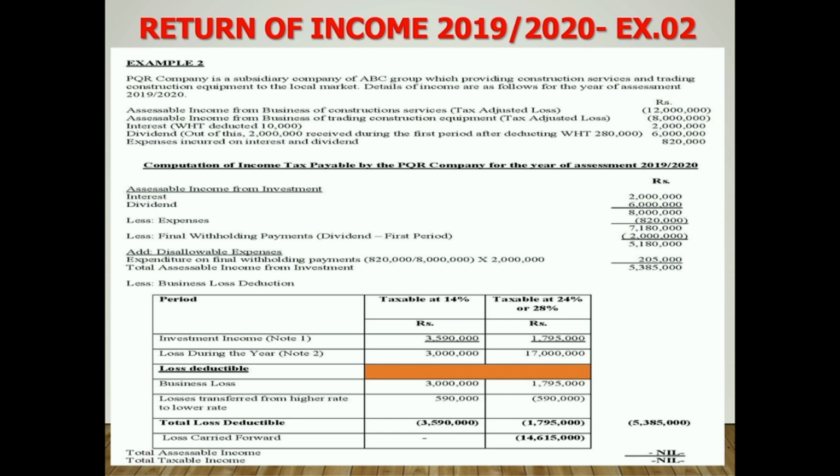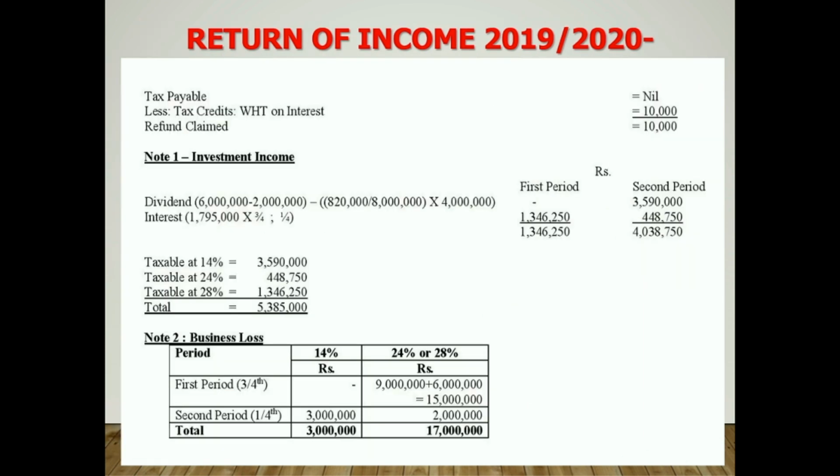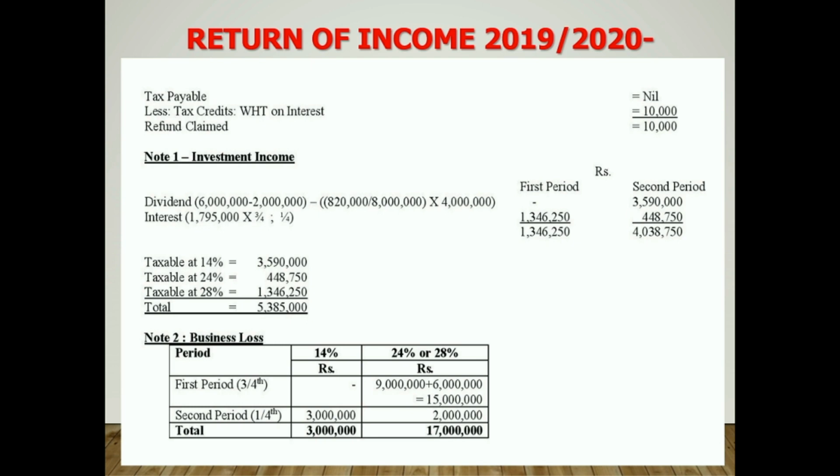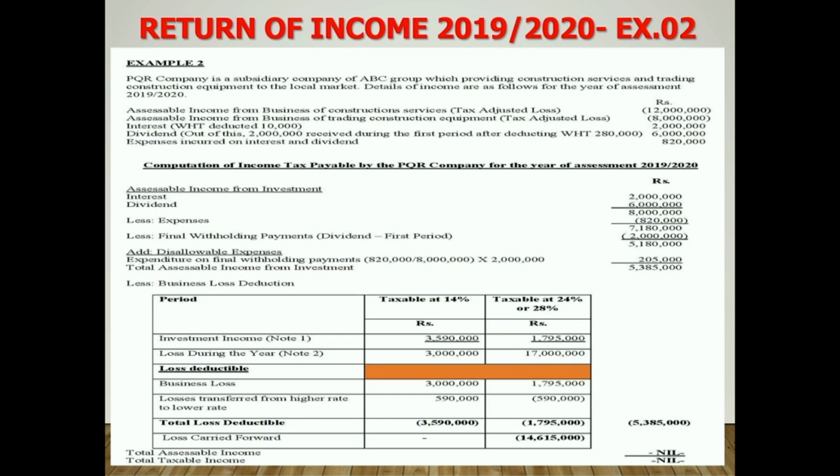Therefore, the loss from construction business, that is one quarter of the construction business loss, is 3 million, and the balance part is 17 million. We have total losses of 20 million. Construction loss is 12 million. Equipment sale or trading related loss is 8 million. Out of that 20 million loss, 3 million is lower rate loss, and the balance 17 million is higher rate loss.